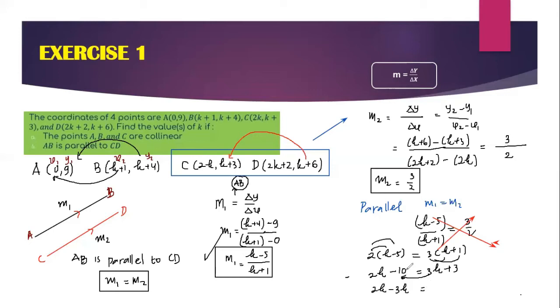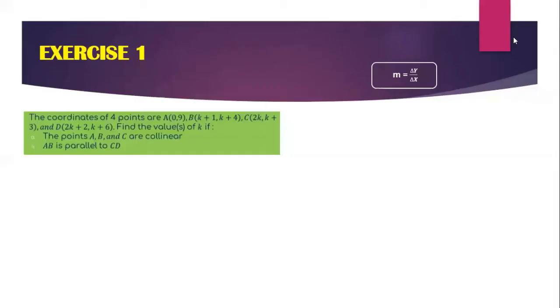The minus 10 goes to the right side, and when it passes the equal sign the sign changes, so we get 3 plus 10. 2k minus 3k is minus k, and 3 plus 10 is 13. So the value of k is minus 13. You got the k for question B.